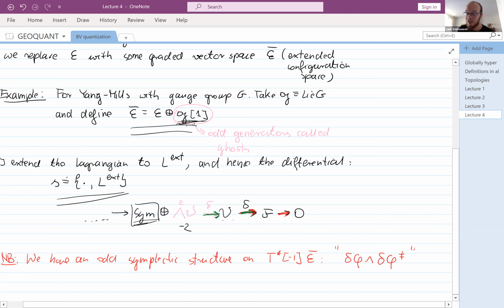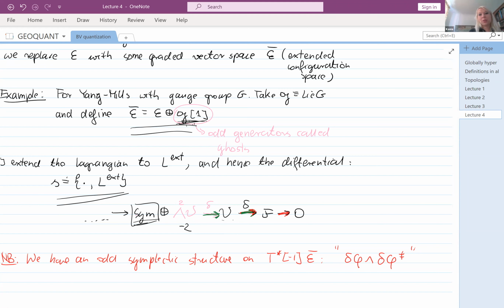I can decide to gauge it, and then I have to add another field and integrate over it. I don't know what it means to decide to gauge it. I'm just looking at the theory as it is. So I have a Lagrangian. I can write this chain complex, and then the cohomology is what it is. So it's just some redundancy in the description that you want to get rid of.